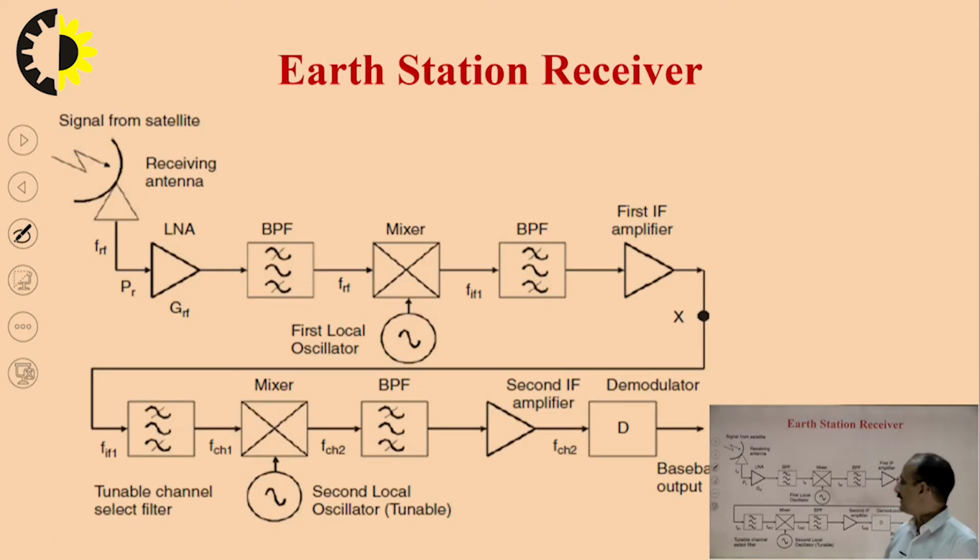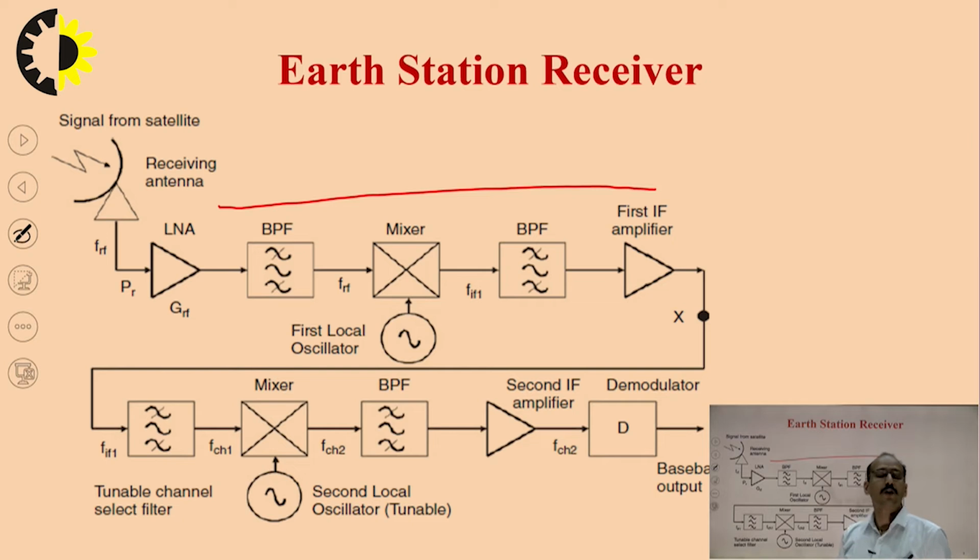So you can see here the simplified diagram. This is the first part, the low noise down converter just behind the receiving antenna. After that, from here, the second part starts. This is the part of the set-top box.